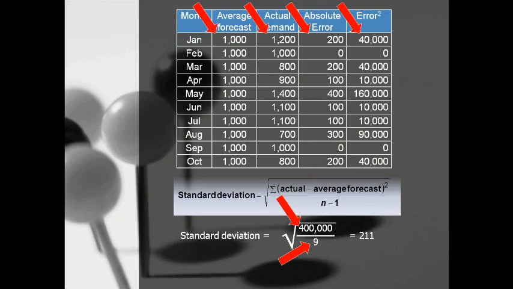If we want to reduce the value of the standard deviation, then we need to use a different forecasting technique or improve the one that we're currently using, because back here in May, we shipped 400 more than we forecast. That's 40% more. Yet in August, we shipped 300 pieces less than we forecasted.